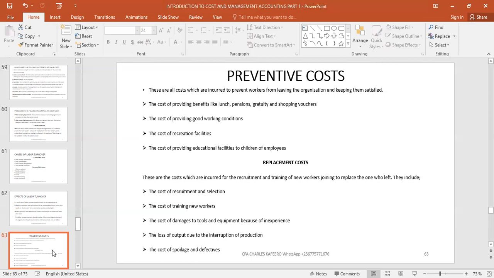Then the last one, we can talk about the cost or the loss that is incurred due to the interruptions in production. When the employees leave the organization, we expect that whatever they have been doing is going to be on hold, so we are going to be incurring losses.